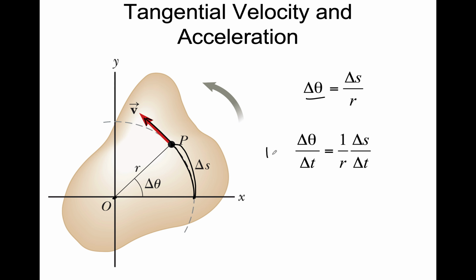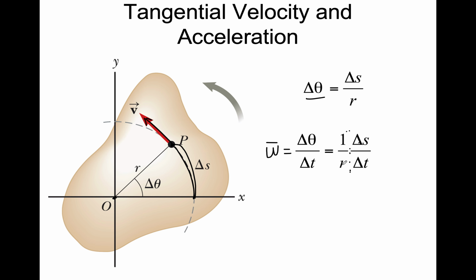And this is our omega, right? Average omega is the angular displacement divided by time, and angular displacement is s over r. We just bring this r to this side, 1 over r.